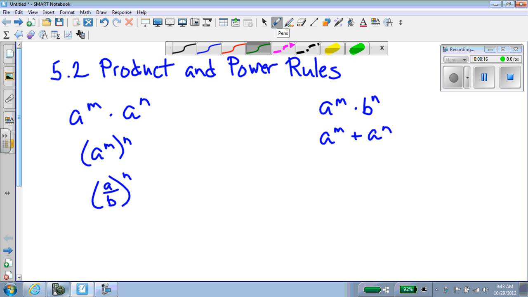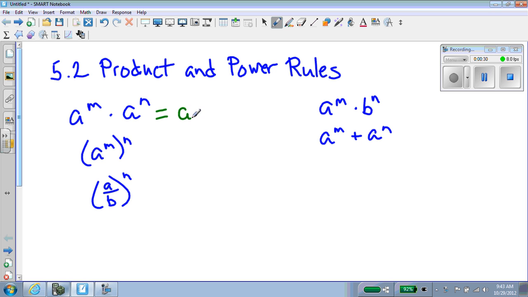Okay, so the first thing we want to look at is if I have a to the m times a to the n. We'll notice that the bases are the same and we're multiplying. In that case, we add our exponents, a to the m plus n.